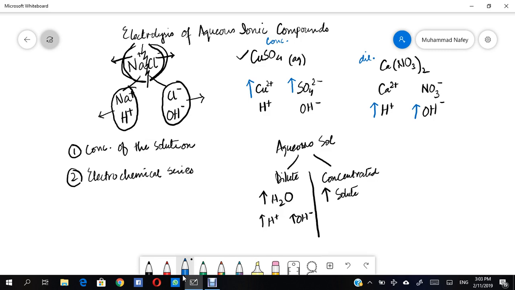Now, the rule in the previous class for deciding the discharge was that the concentrated ion will be discharged. I'll just write the rule down again.